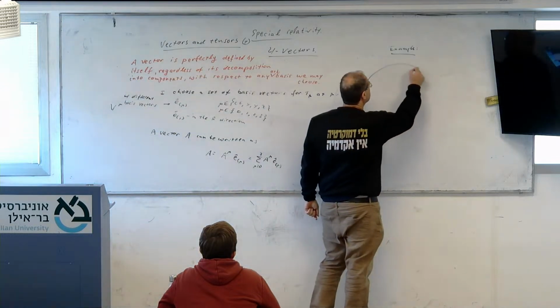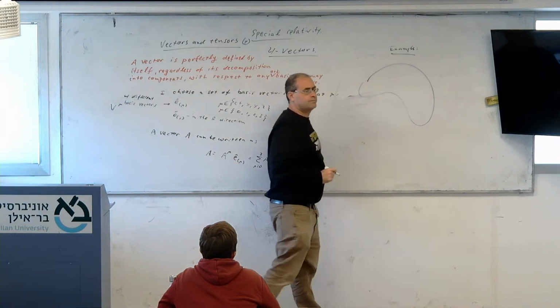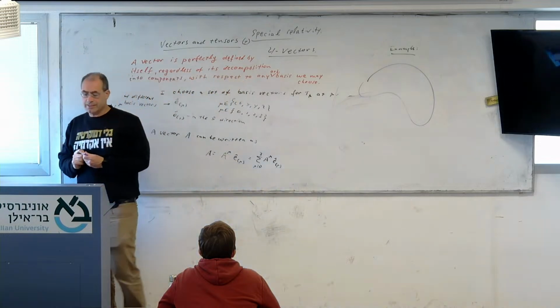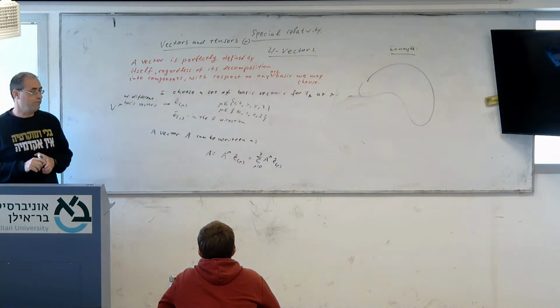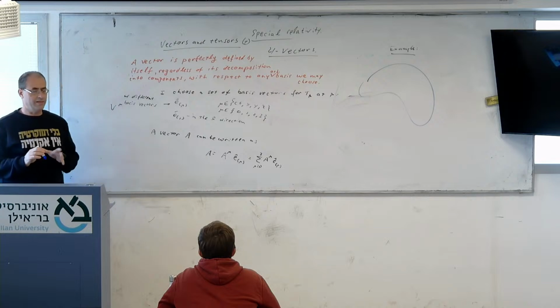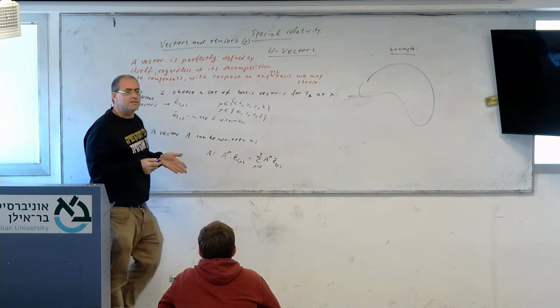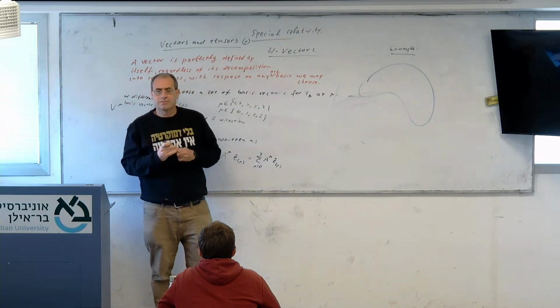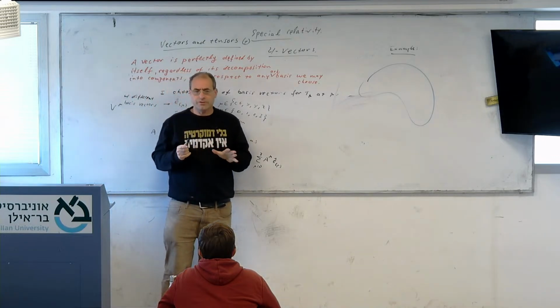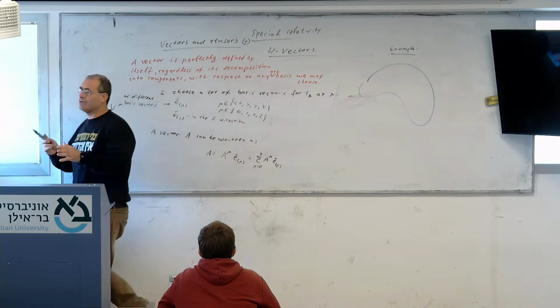Let's say I have a space, and the space in general is not flat. We said it's a manifold, so locally it is flat. What can I do in an unflat space? Well, there are certain things I'm allowed to do, and there are certain things I'm not allowed to do.